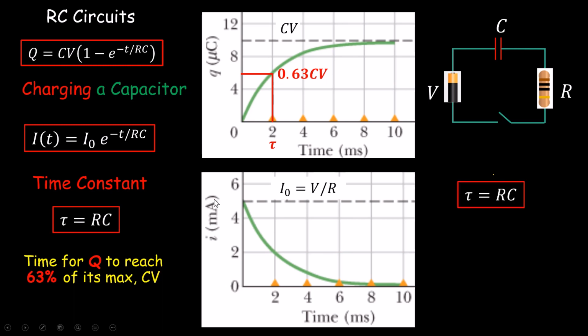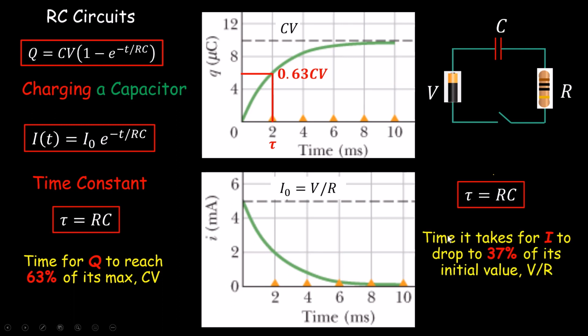And also for the current, tau is the same, but it is the time it takes for the current to drop to 37% of its initial value. As you see again here, this is 37% of its initial value, and it is again at 2 milliseconds.